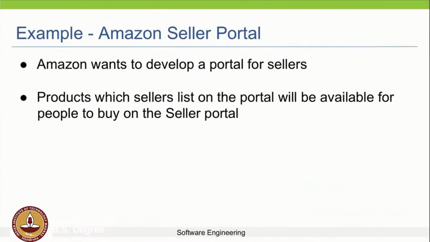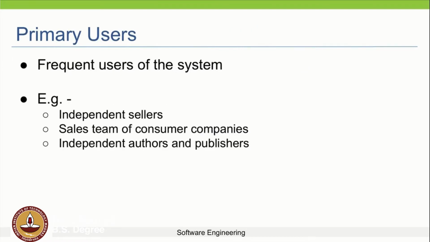So let's take an example from Amazon itself. And let's say Amazon wants to develop a portal for people who want to sell their products online. The products which sellers list on the portal will be available for people to buy on Amazon. So let's think about the frequent users of this seller portal. And these users are known as the primary users of our system.